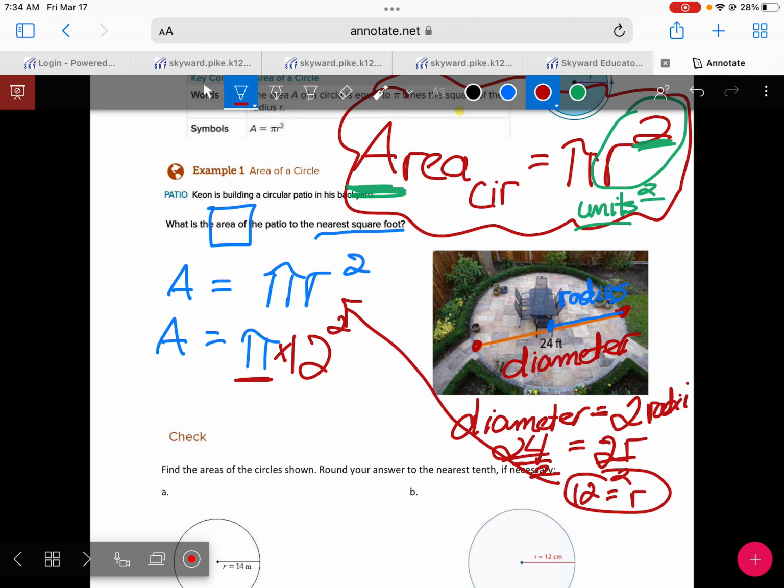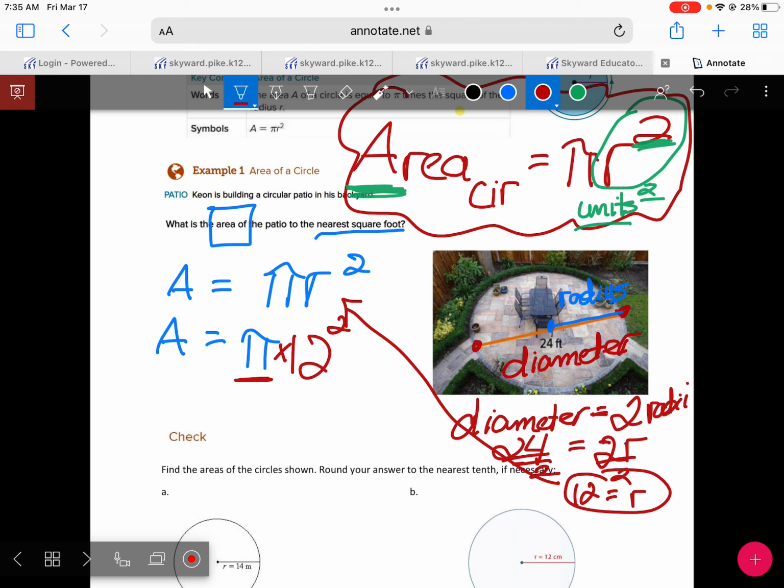Pi button times 12, and then hit the x squared button, which is just to the left of 7.